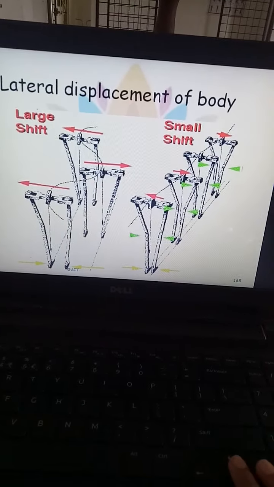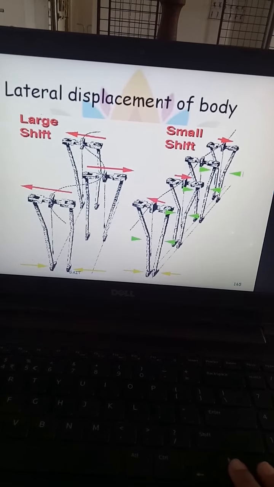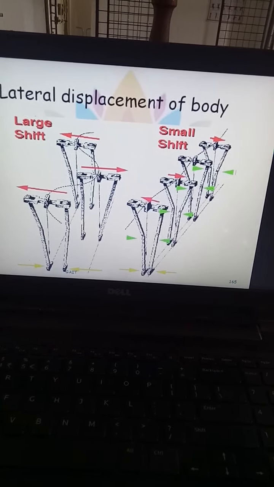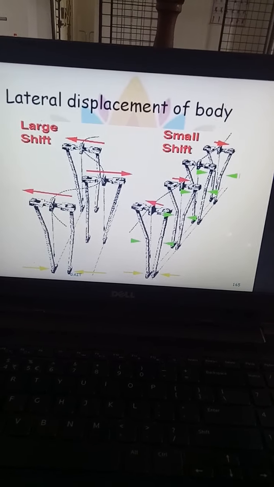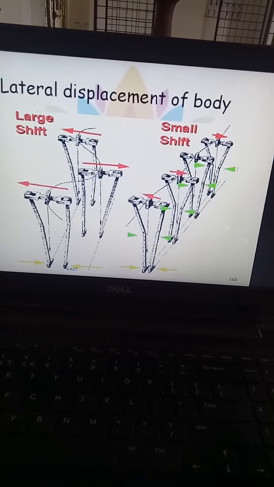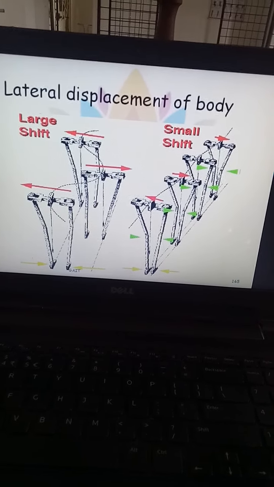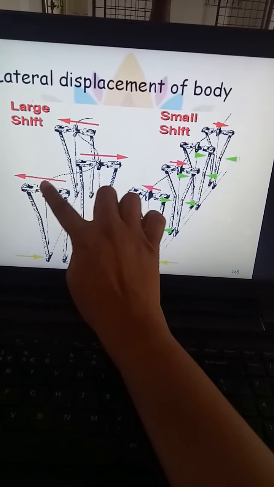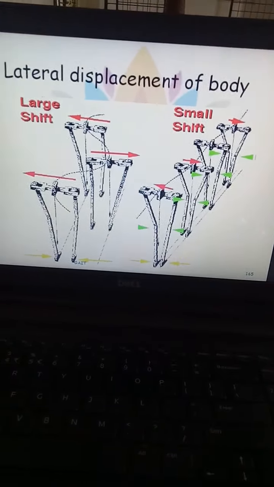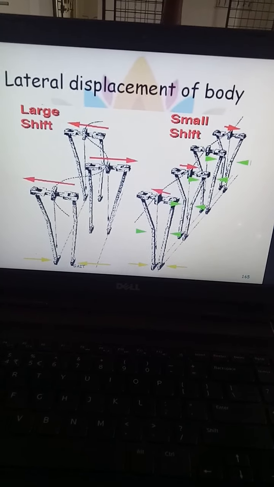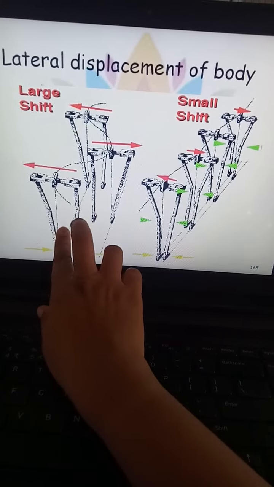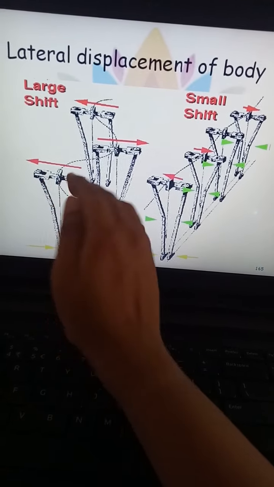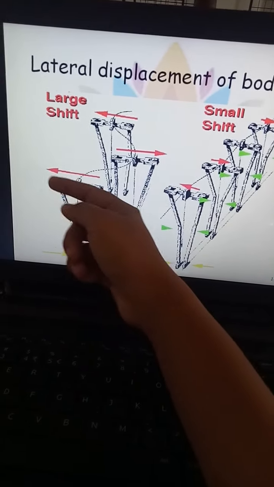Okay, so it is about the lateral displacement of the body. In lateral displacement of the body, you can see there are two shifts: first is a large shift and second is a small shift. A large shift means there is more deviation in the upper body. This is the leg, but the body is on that arrow side.